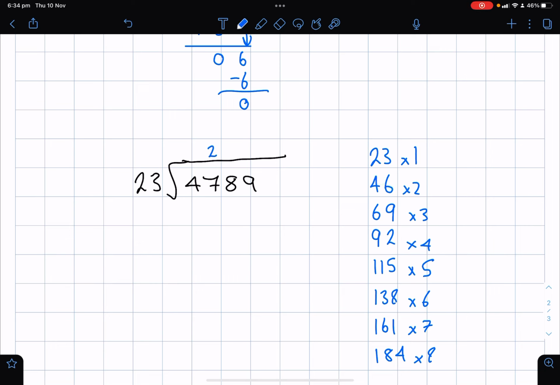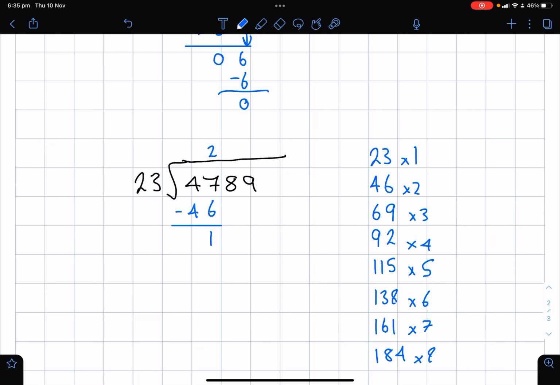So we put our 2 here. Now, it's important that we put our 2 above the second digit that we're working with or the third digit, depending, okay? Really important that we put our digit in the right spot. Now, 2 times 23, so doing our top number times by our divisor, that gives me 46, so you put 46 there.